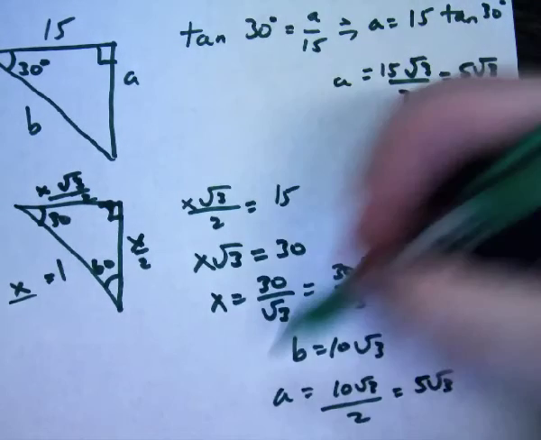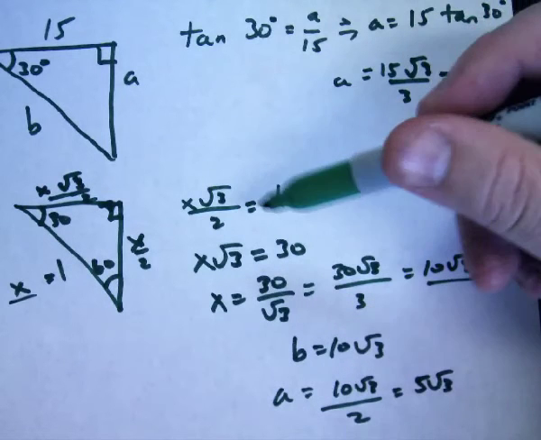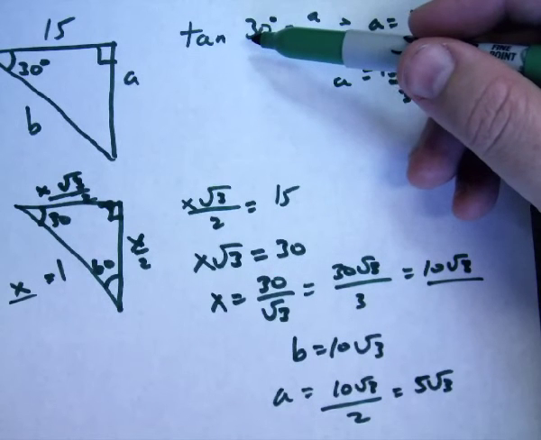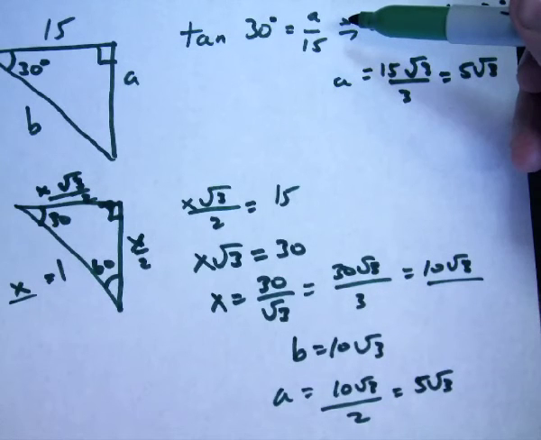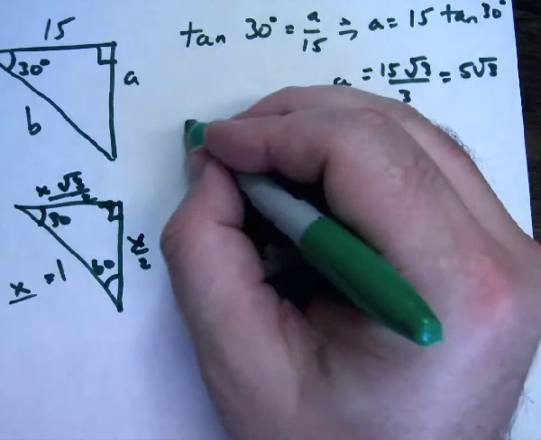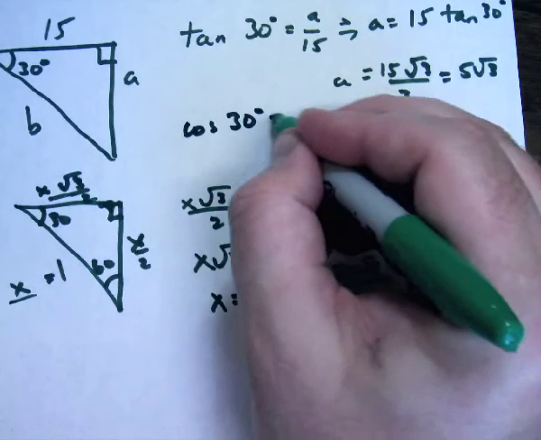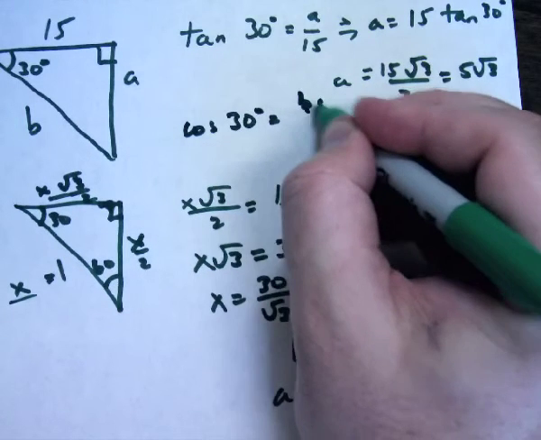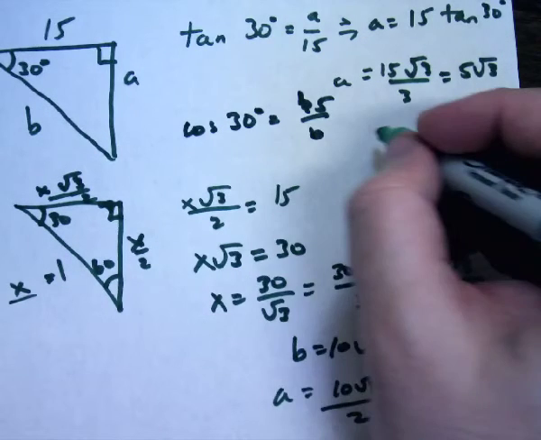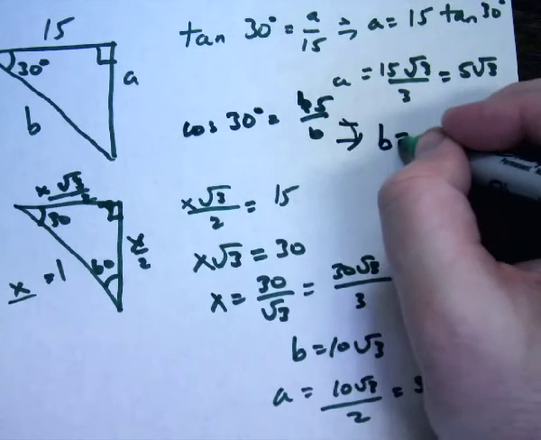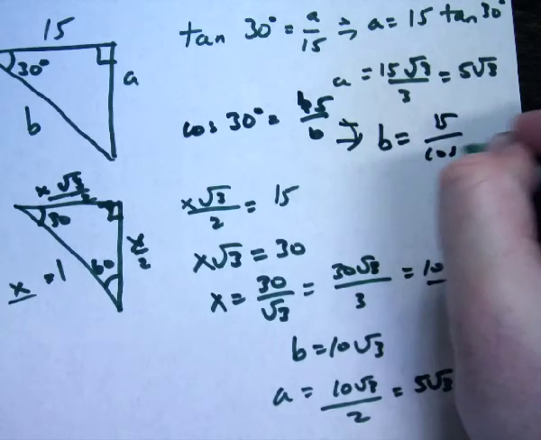So you can totally use the 30, 60, 90 triangle, or you can use trig ratios. And so I'm going to continue using trig ratios. I did tangent to find what a was. Now I'm going to use cosine. So cosine of 30 degrees equals 15 over b. And if I solve that for b, I'm going to get b equals 15 divided by cosine 30.